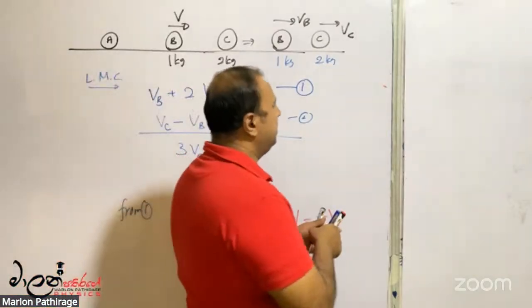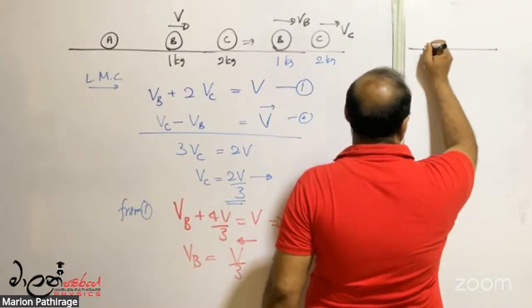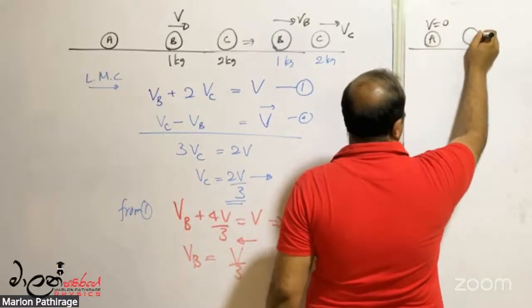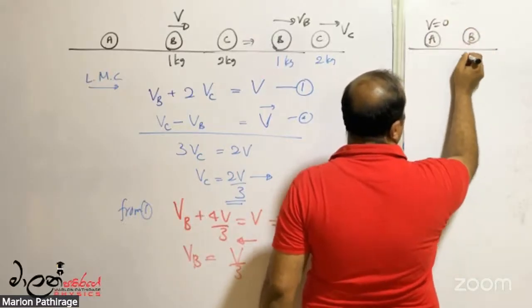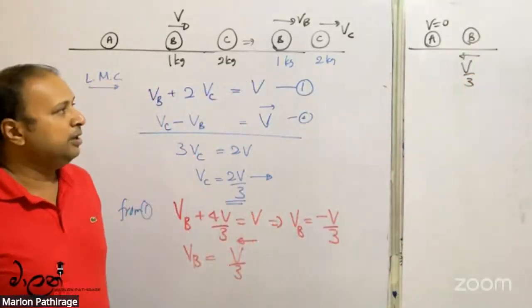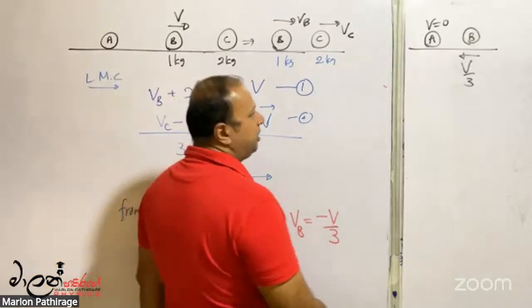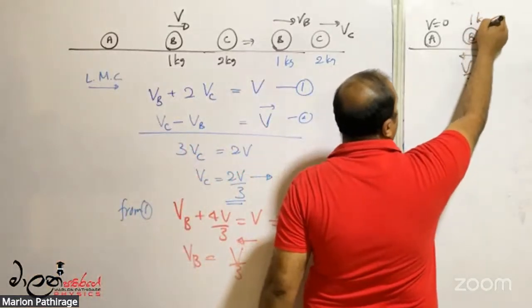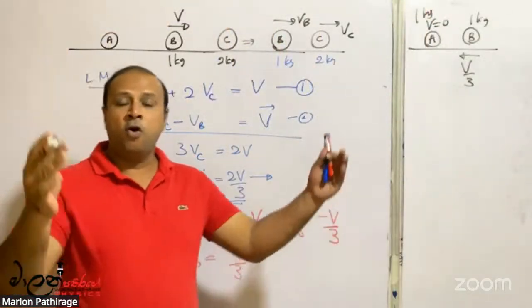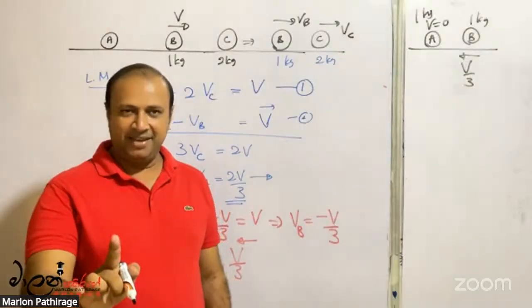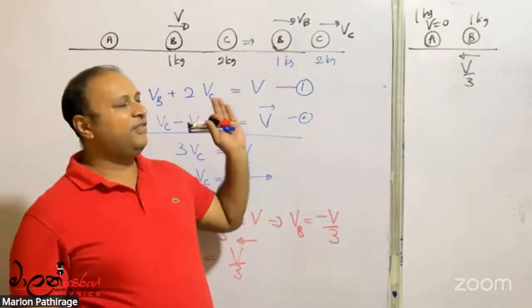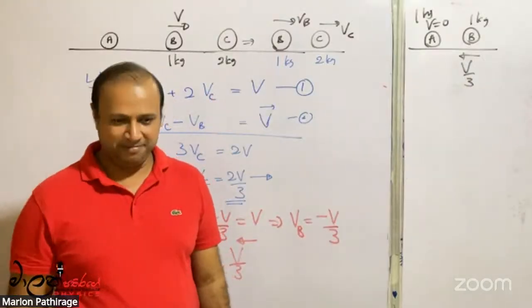Now, look at this one. Here A is at rest. Now B is moving with a speed of V over 3, and both have the same mass, equal masses. Therefore, once they collide with each other, B will become 0 and A will move at the same speed.